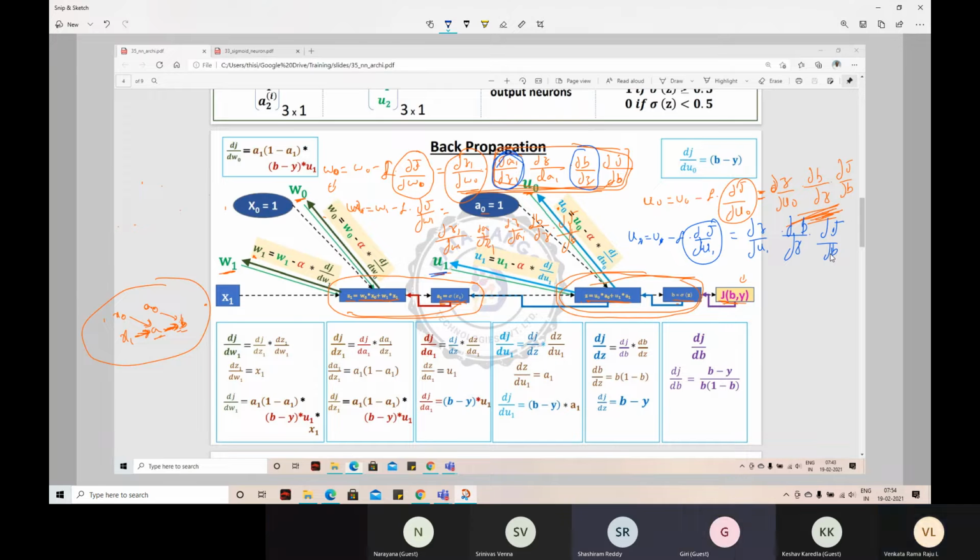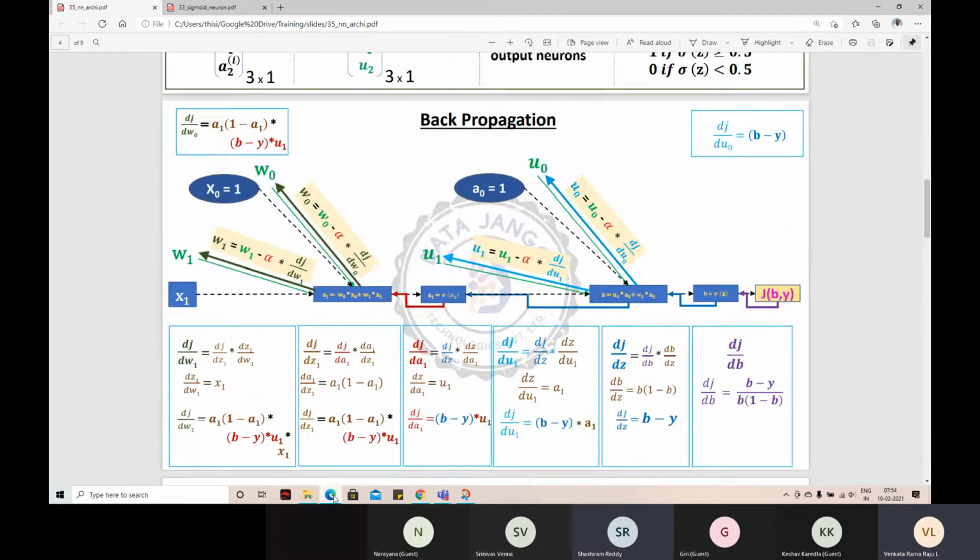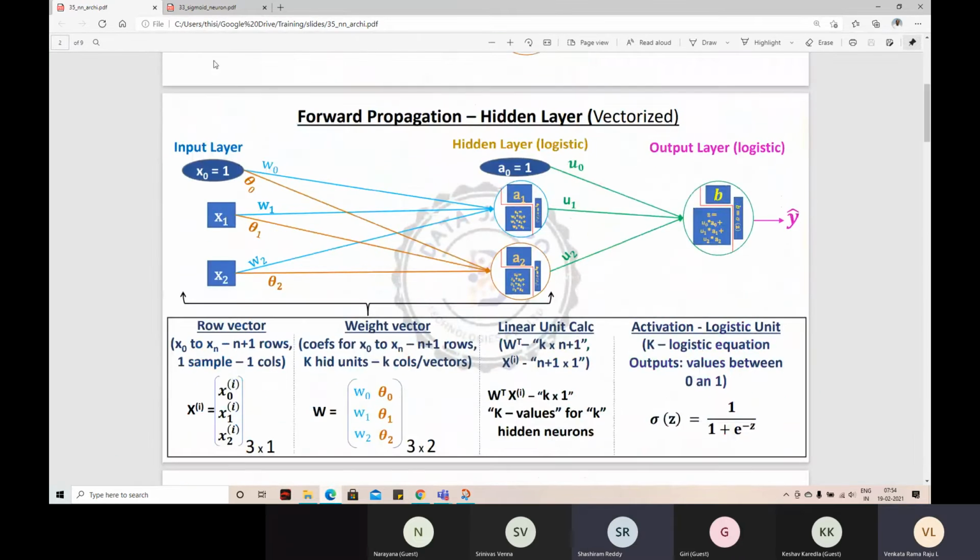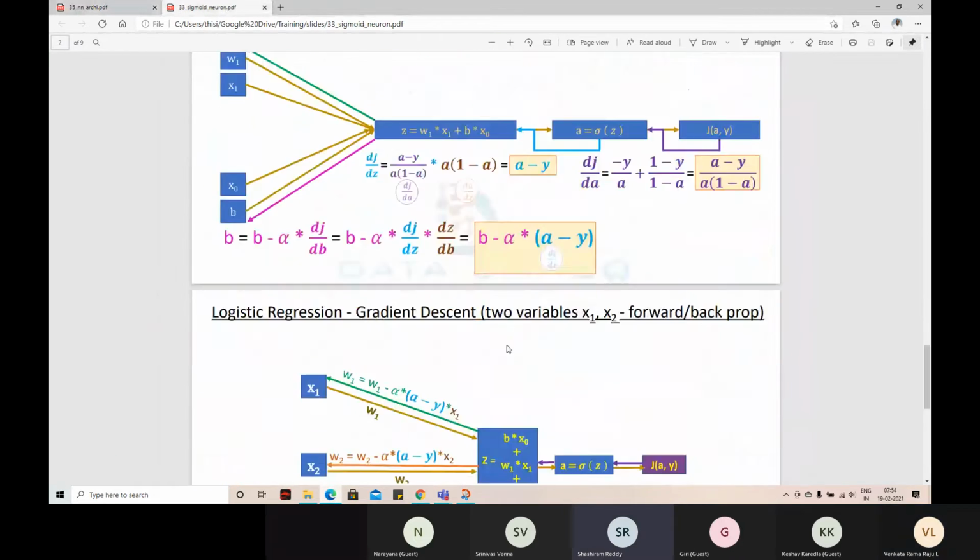Here the Z function is the linear representation, and A equal to sigmoid of Z is the sigmoid function formula. What exactly is J of B comma Y? It is the cost function, the entropy function. So entropy is applied only once at the end.